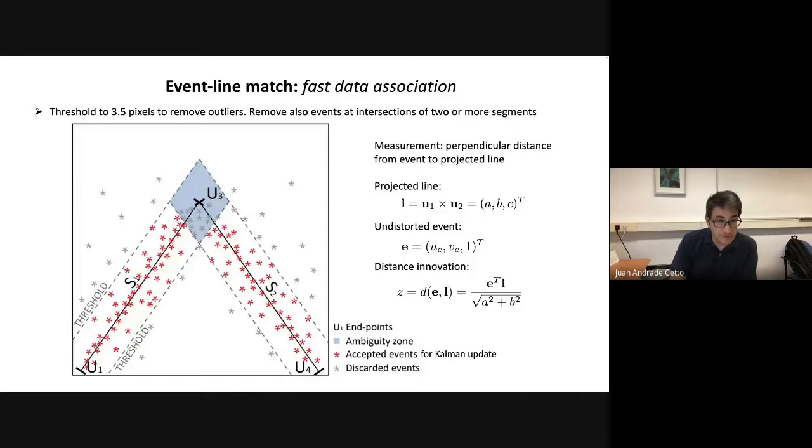Or you can have a constant velocity model in which you have the previous velocity at which the camera was moving, and your prediction uses that constant velocity model, or you can even have a constant acceleration model. The thing is that each of these models means you have more variables in your state vector to update. So if you want to do it really, really fast, perhaps a constant acceleration model with many variables is not that useful, and maybe a constant velocity model would be enough.